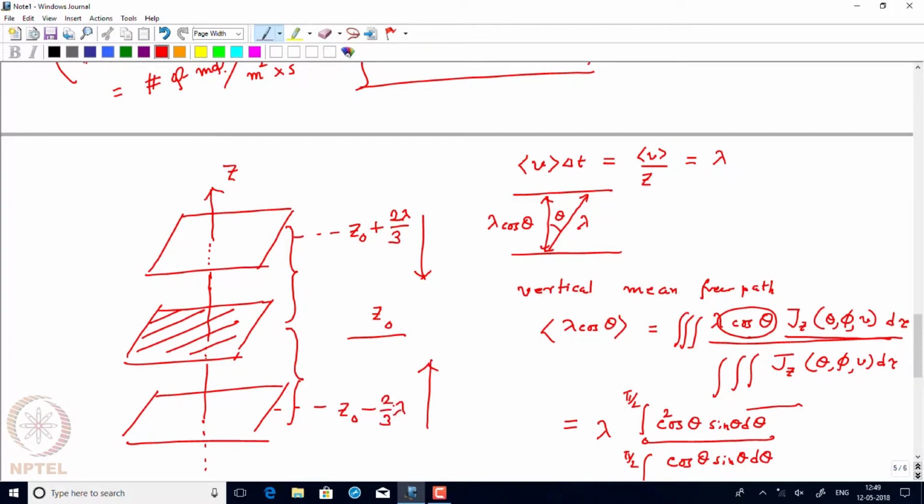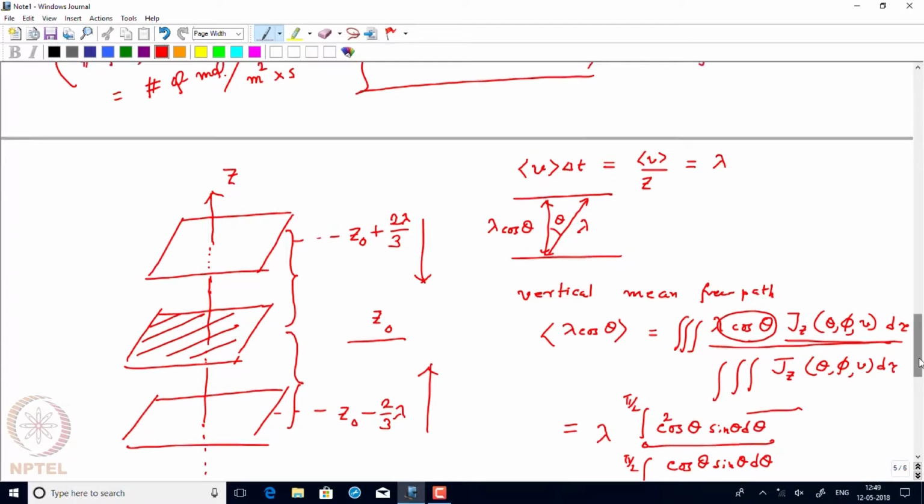So now all we are saying is that we have to calculate the net flux across this surface which is at the center, lying at the middle, which is at z0, for the molecules which are coming from the top from a layer lying at z0 plus 2/3 of lambda, and from molecules which are going up, which are coming from a layer lying at a distance z0 minus 2/3 lambda.